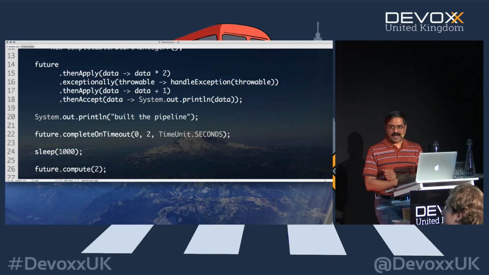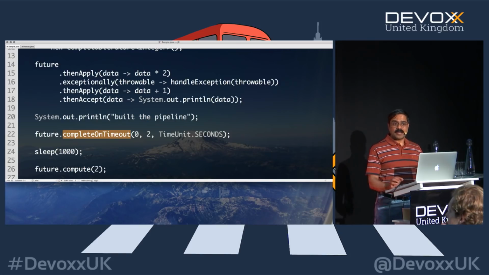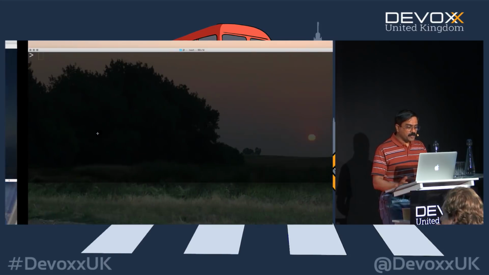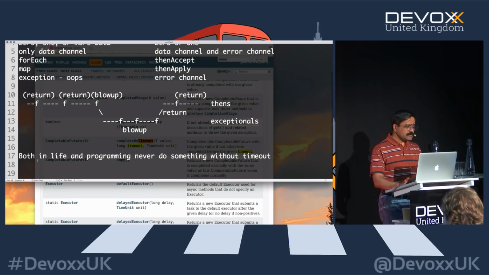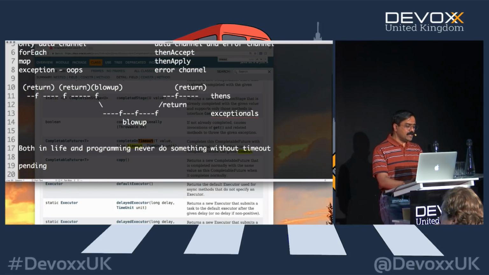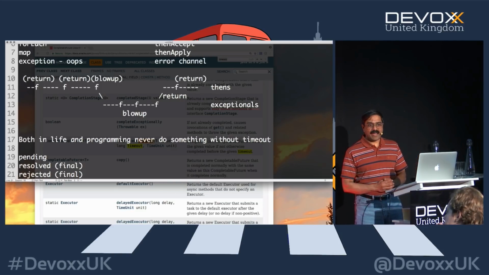Now this time, even though I said complete on timeout, remember one thing important to keep in mind about completable future is that a completable future is in a pending state, or in a resolved state, or in a rejected state. But remember, these are final states. Once you resolve or you reject, you can never change it.